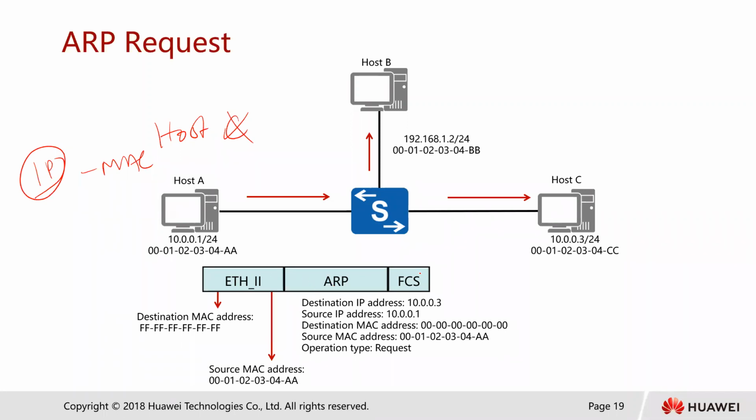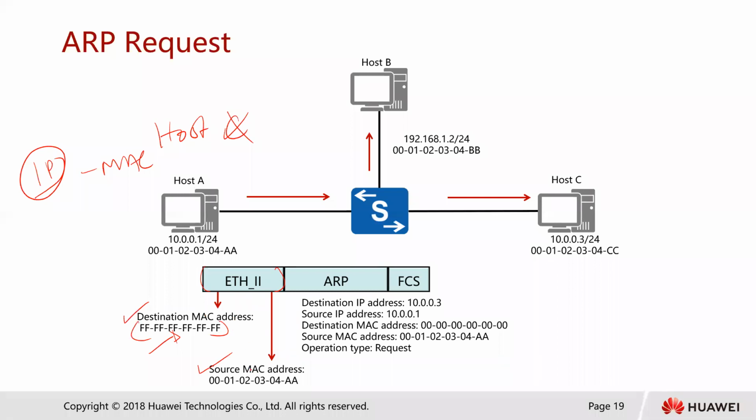So what it's going to do, it's going to come up with our ARP packet. And with our ARP packet, it has our Ethernet 2 frame, which has to contain both our destination MAC address and our source MAC address. But if you realize in this illustration here, we have our broadcast MAC address. Why? Because we do not know the MAC address of our destination.